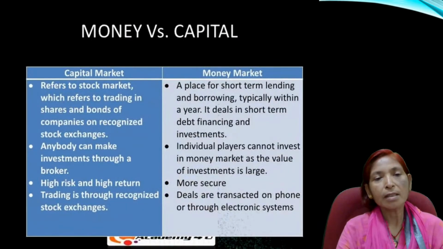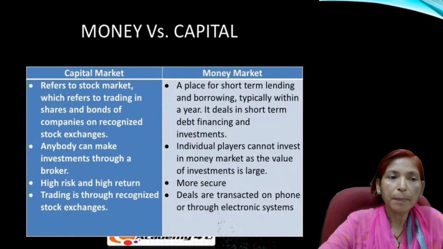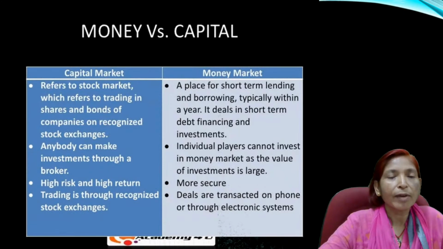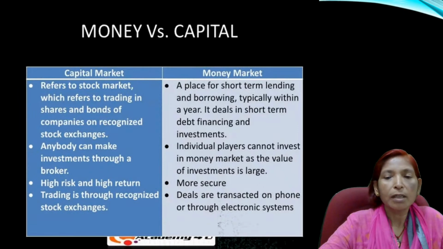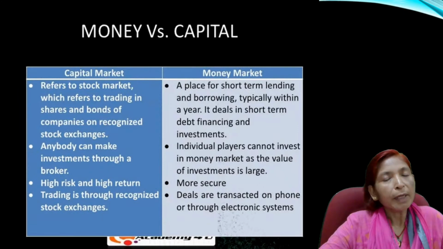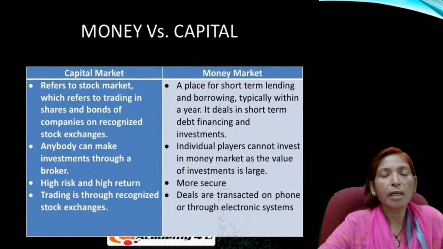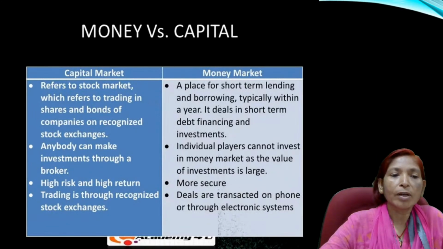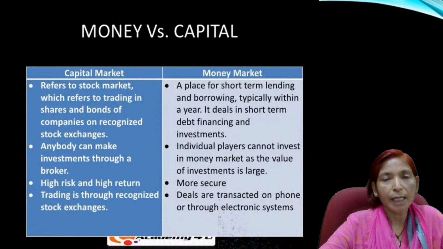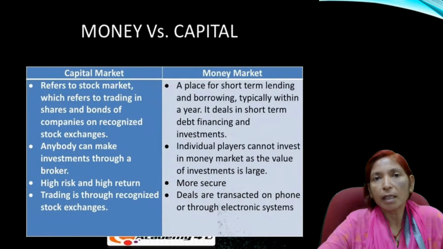Now next is, what is the difference between money and capital market? You know that capital market provides long-term financial facilities and money market provides short-term financial facilities. Capital market refers to the stock market, which refers to trading in shares and bonds of companies on a recognized stock exchange, and money market is a place of short-term lending and borrowing, typically within a year.